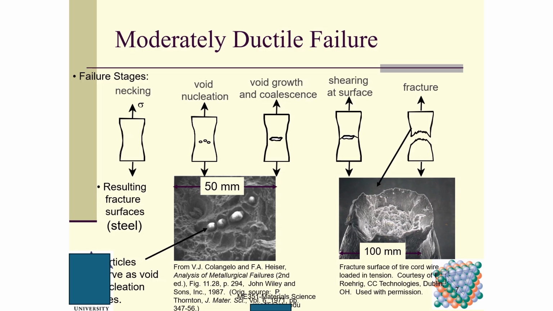So you can see here a figure that shows particles serving as void nucleation particles. And here is the fracture surface of a specimen loaded in tension. You can see this is a cup, and the other end is a cone.